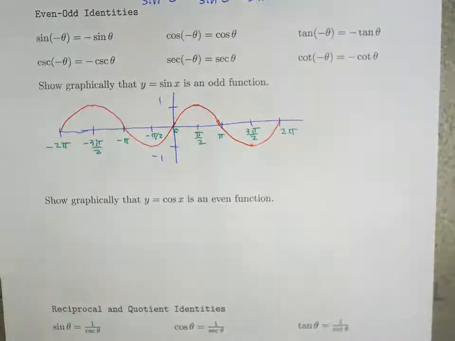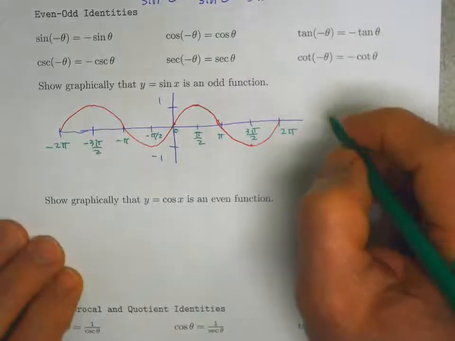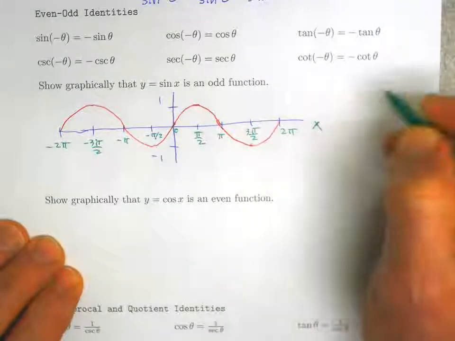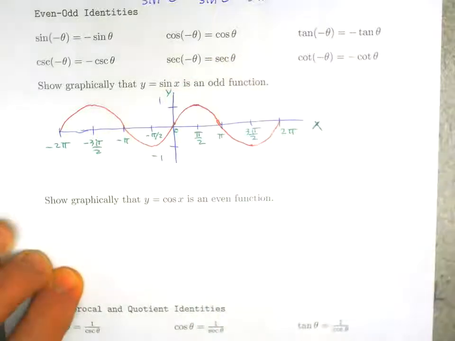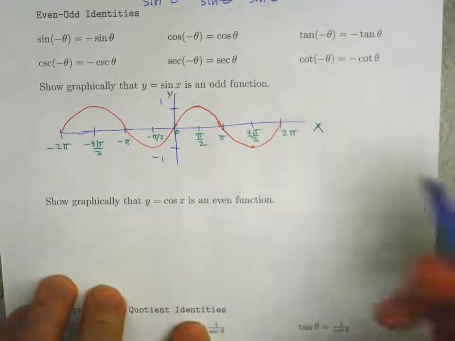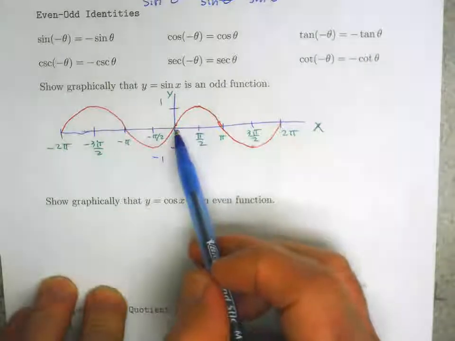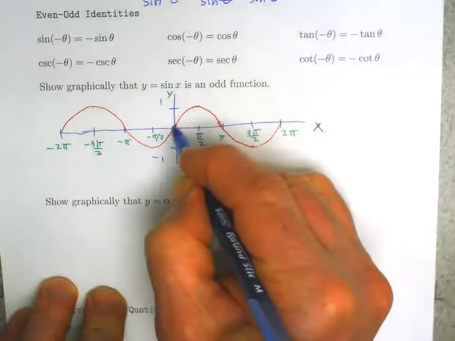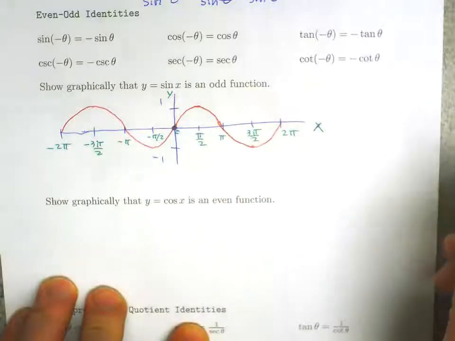So what does it mean graphically for a function to be odd, if y is a function of x? What that means is that the graph is symmetric with respect to the origin 0, 0.